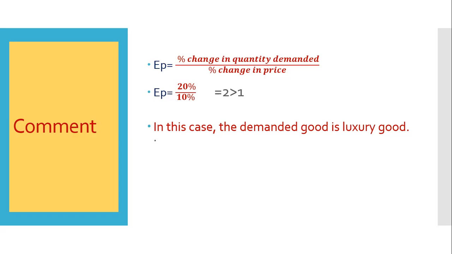As it is a luxury good, it is not necessary, so people can wait for the price to reduce. So our quantity demanded responds more than the price change, because for a luxury good, a small increase or decrease in price has much effect on the budget of people.